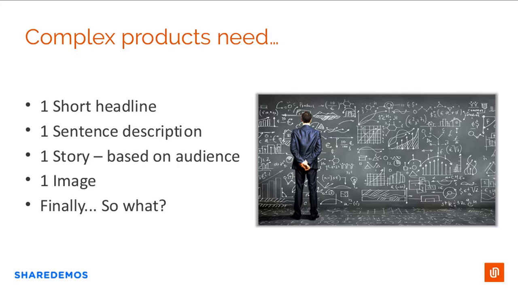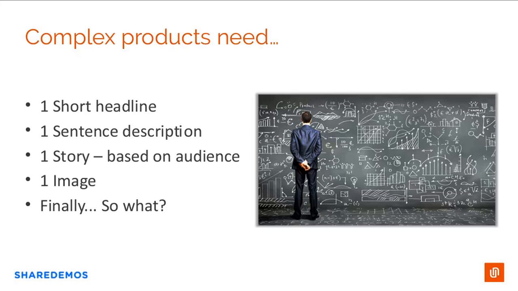No matter how complex the product is, at the end of the day, there has to be a simple headline that describes it and a simple sentence description that elaborates to some level of detail as to what the product is, what it does. And I think that's where the beginning of a story, of any story, always is. That's where any story would start.